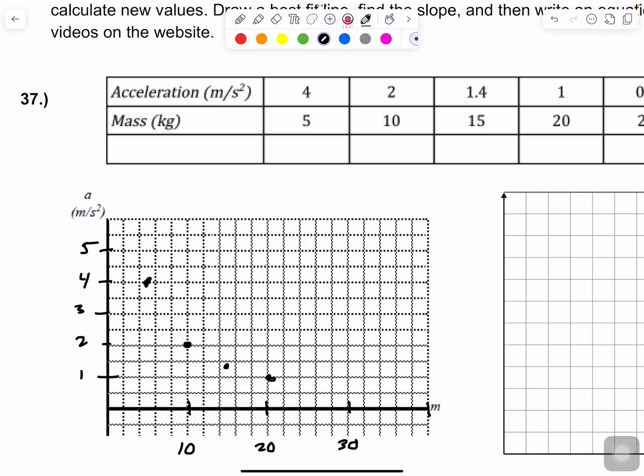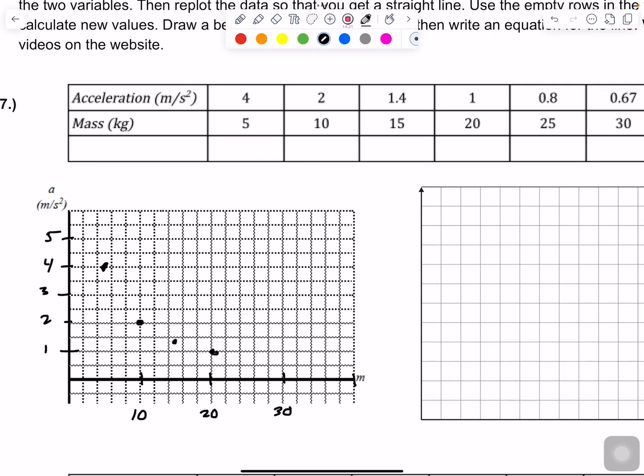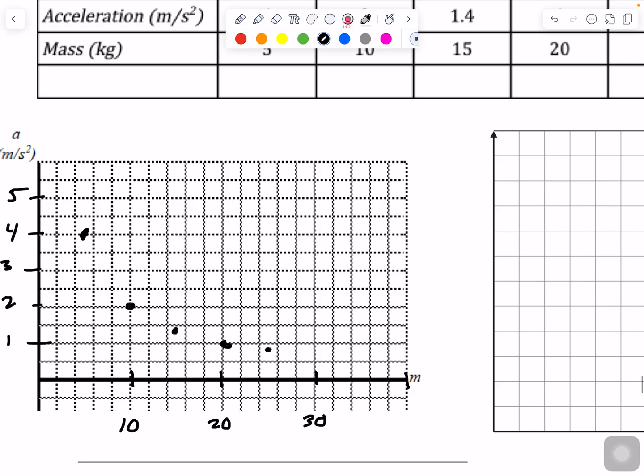You can already see the model is decreasing. The acceleration is decreasing as the mass increases. At a mass of 25, we have an acceleration of 0.8. That'd be a little less than 1. And then finally, at a mass of 30, you have an acceleration of 0.67, which is 2/3 of the way. So not quite 3/4, but more than a half.